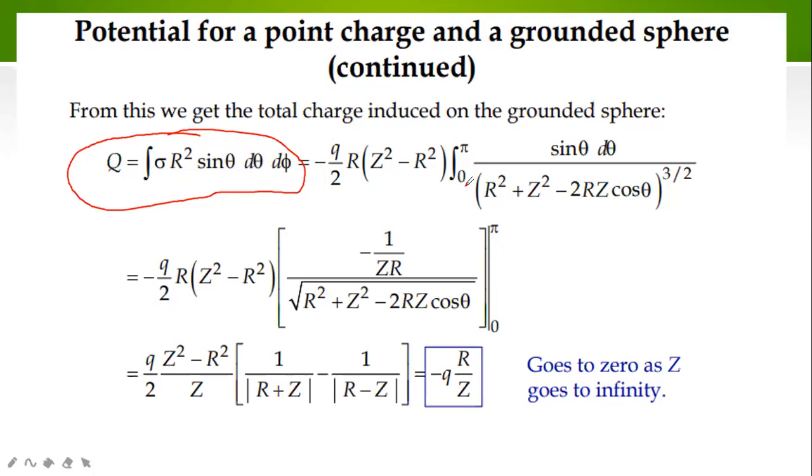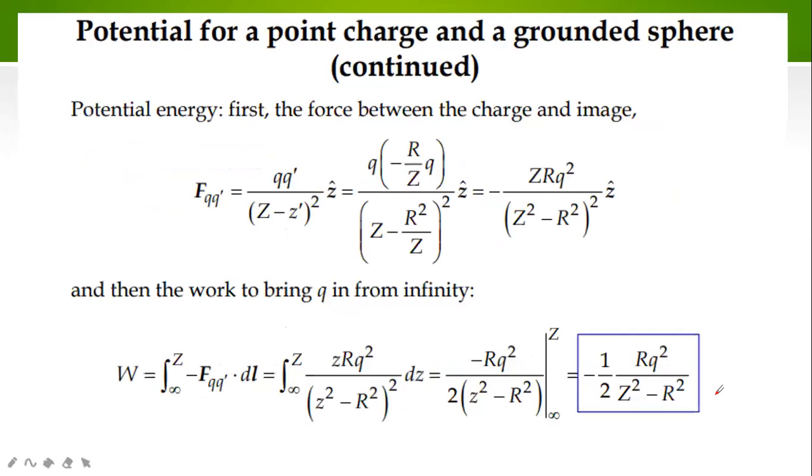Just solve this integration and you will get total charge Q as minus qR over z. This is the value of image charge q dash. So the total charge Q will be equal to the image charge, which goes to 0 as z goes to infinity. If the distance is infinity, the total charge will be 0.